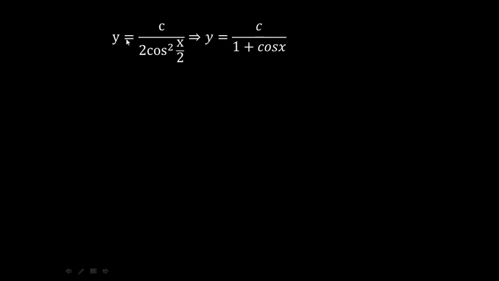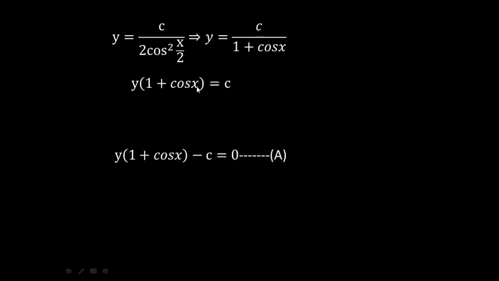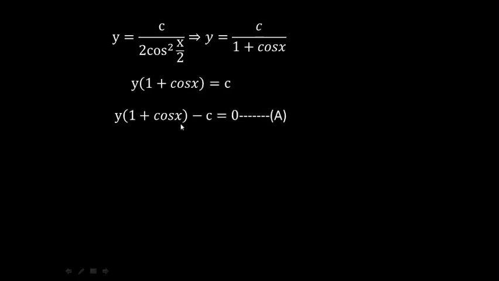So we are left with y is equal to c times 2 cos square x by 2. But 2 cos square x by 2, according to the formula, is 1 plus cos x. So in this way we get the first solution, that is y into 1 plus cos x minus c equal to 0.